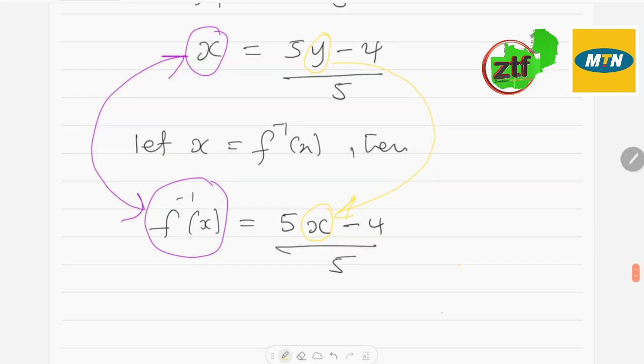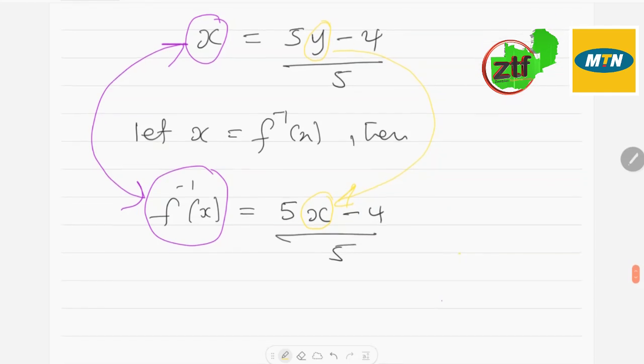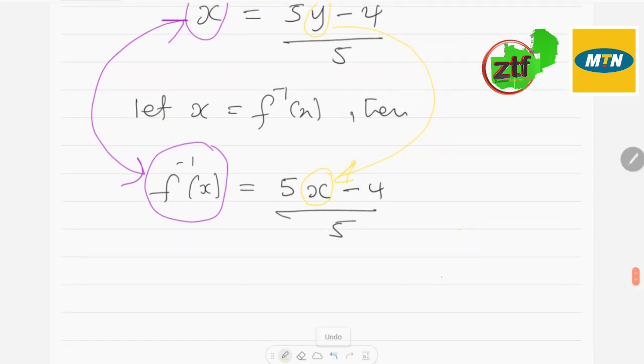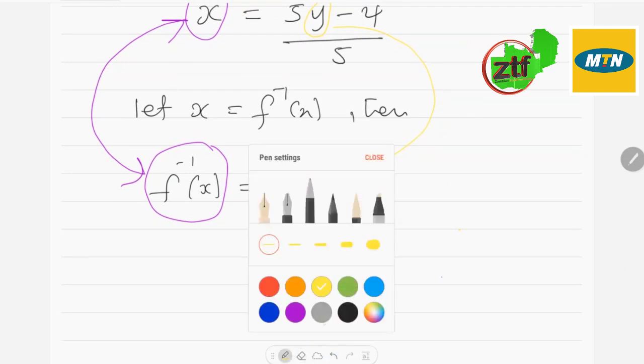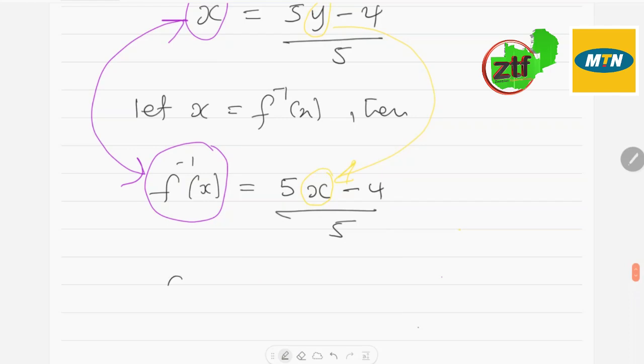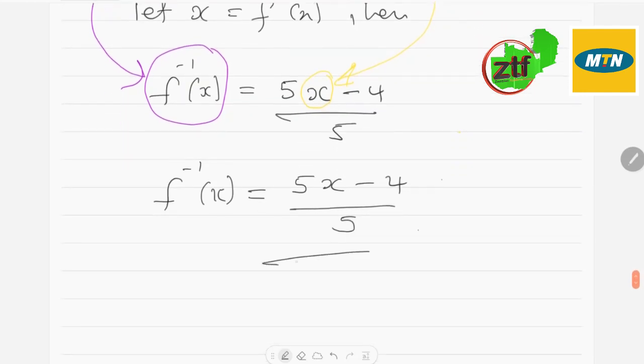So our final answer for part A is that the inverse of f, which is f inverse of x, will be 5x minus 4 divided by 5. So that is how you find the inverse of that function.